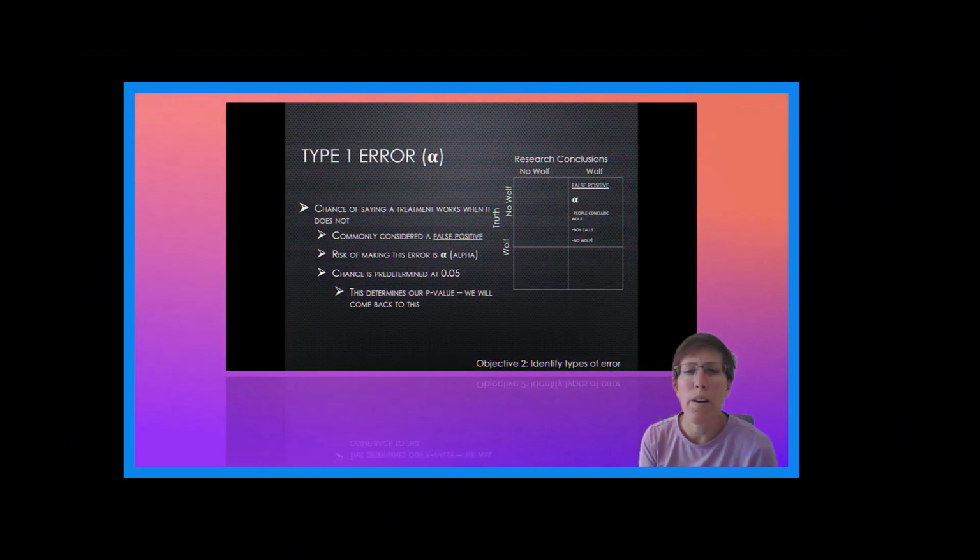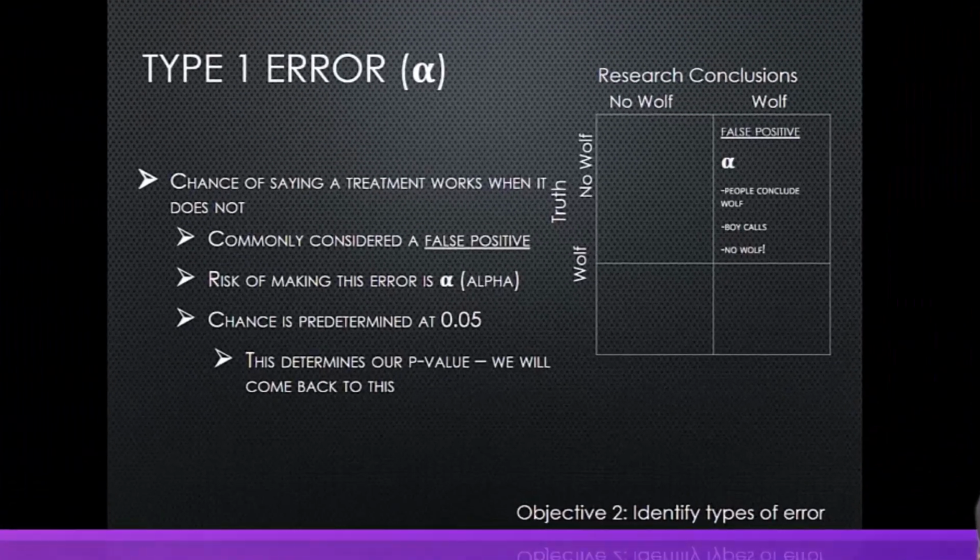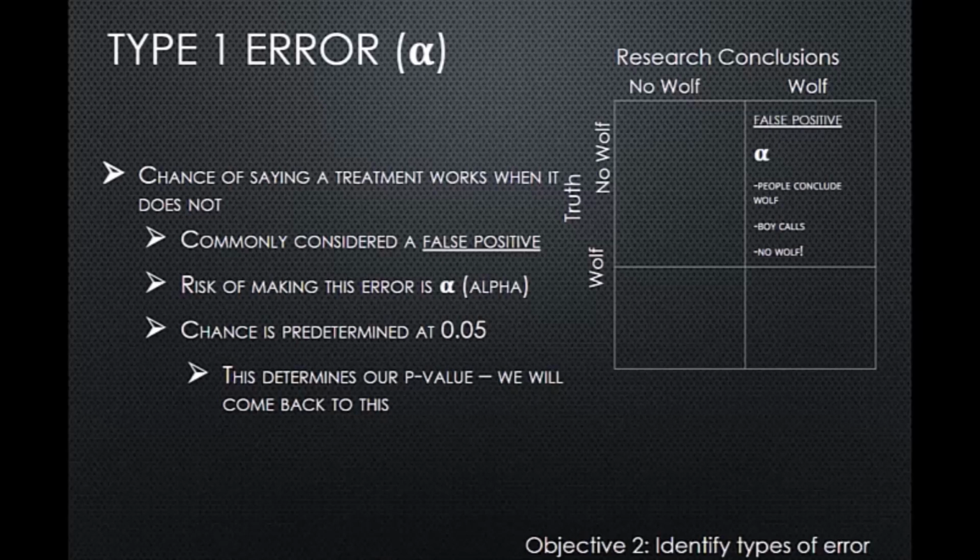So our type 1 error in research is essentially the chance of saying a treatment works when it really does not. They conclude the positive alternative hypothesis that there is a wolf, when in reality it's the null hypothesis. There is no wolf. There never was a wolf. That is true.